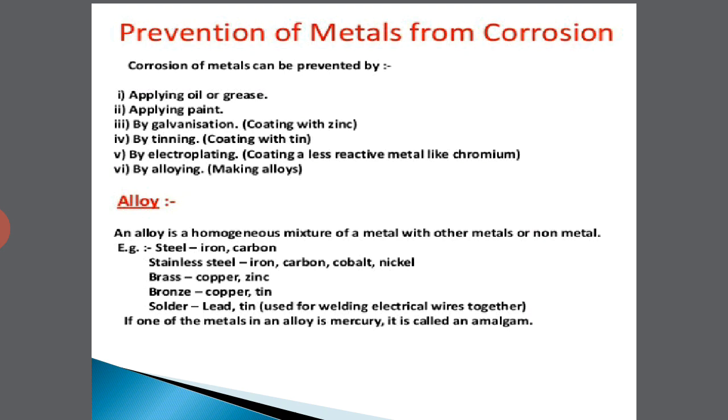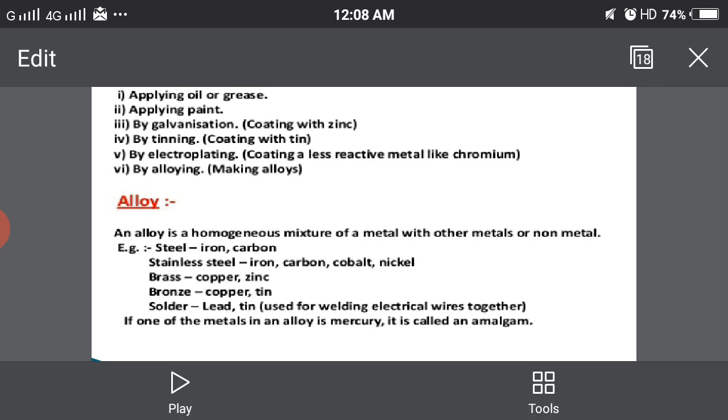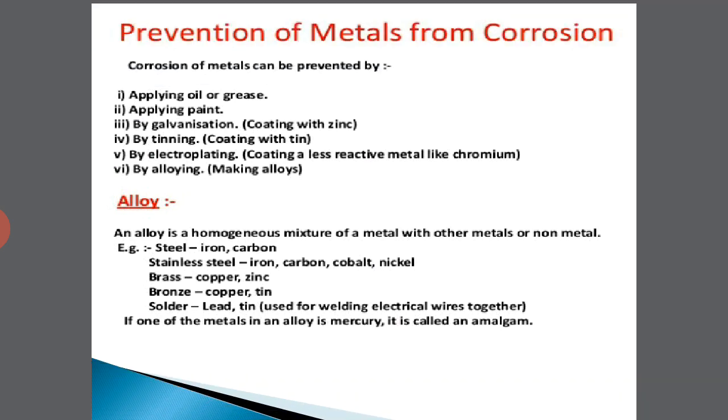An alloy is a combination of two metals or one metal and a non-metal. Steel: iron, carbon. Stainless steel: iron, carbon, cobalt, nickel. Brass: copper, zinc. Bronze: copper, tin. Solder: lead, tin, used for welding electrical wires together. If one of the metals in an alloy is mercury, then it is called an amalgam.